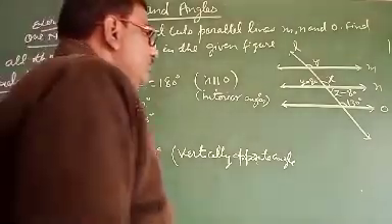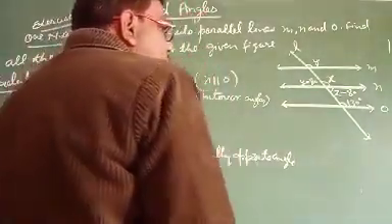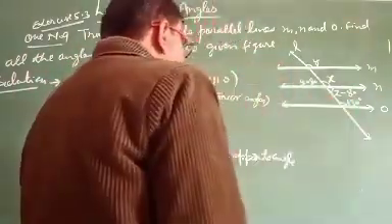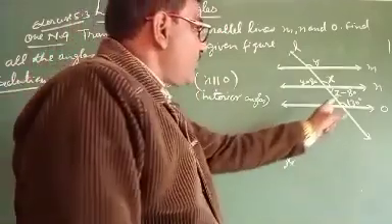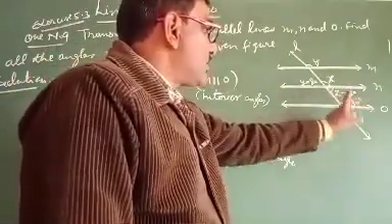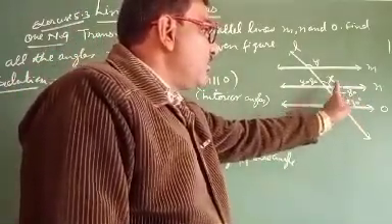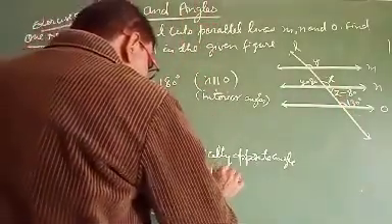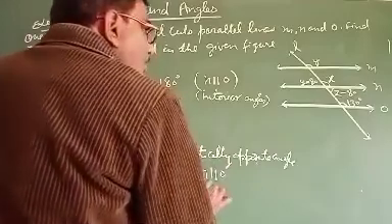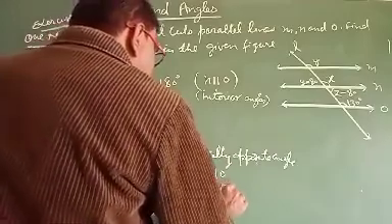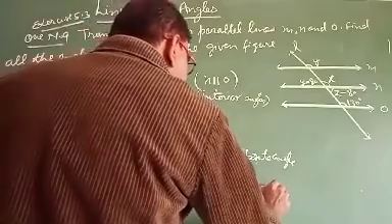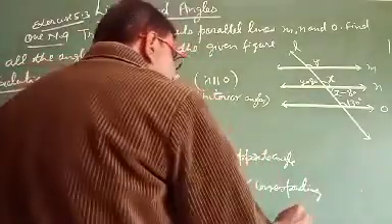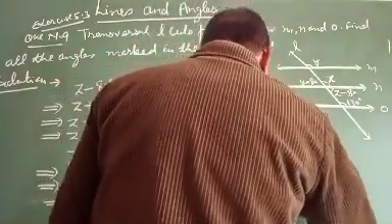Now what is the value of X? Here we see that N is parallel to O, therefore X equal 130 degree, because this is a corresponding angle.